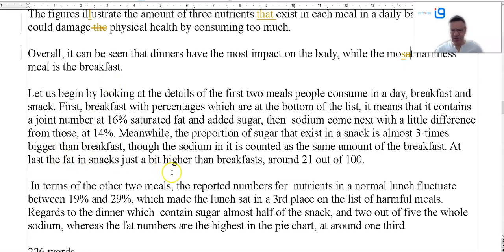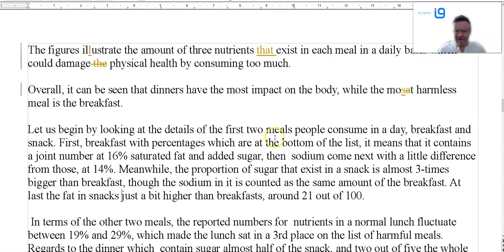Breakfast with percentages which are the bottom of the list. You mean the meal that contains the least amount of fat, sugar, and sodium. The proportion of sugar that exists in a snack, 3 times bigger than breakfast. Well, the proportion of sodium is counted as the same amount of the breakfast, so that doesn't really tell me much. That's very vague. That's the fat in snacks. Just a bit higher is just a bit, or just a little, around 20.